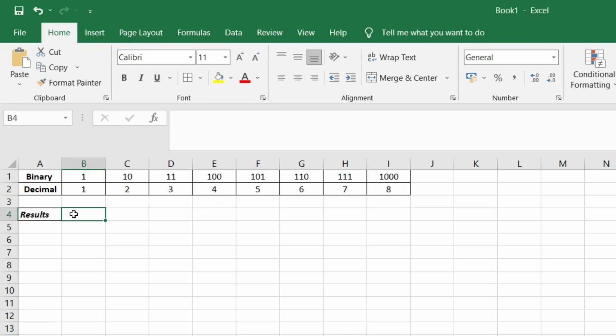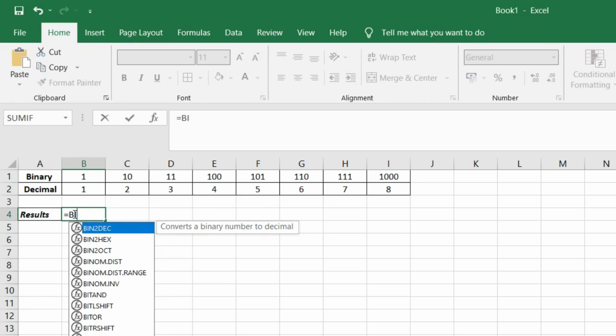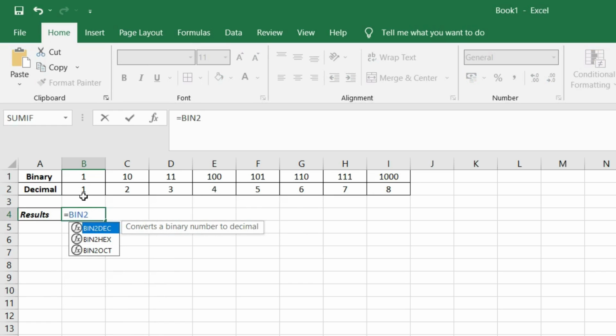To get the decimal values of the binary number, we type equals BIN2DEC brackets open, we take the 1 brackets closed, and enter. We get 1 as the decimal value for the binary number 1.